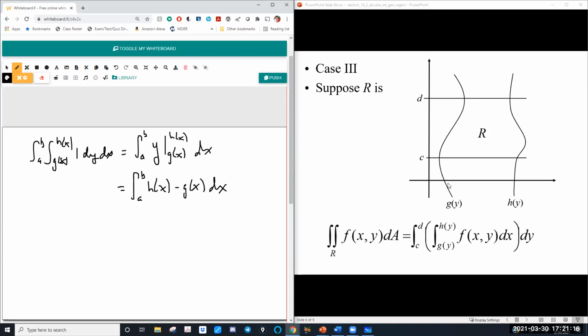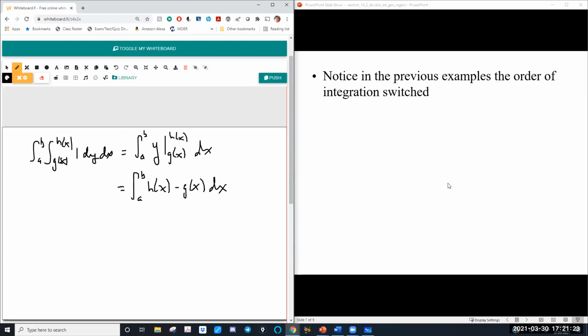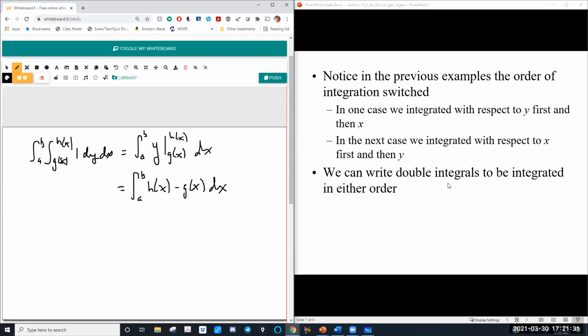How do you decide lower limit, upper limit? So that's what we want to make sure we focus on. Notice that we had to switch the order of integration depending on our limits. So we need to pay attention to that. Some limits can be written in either order, and it doesn't matter. In some cases it does.